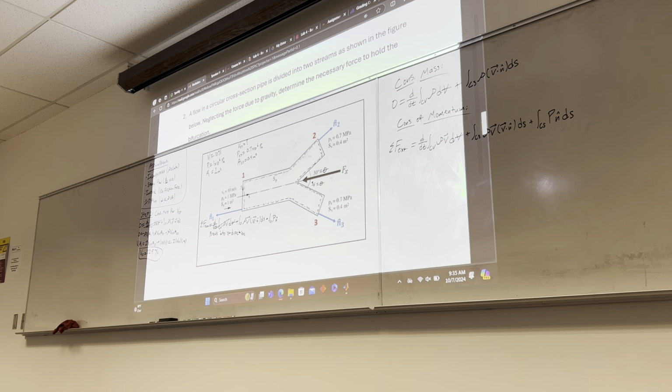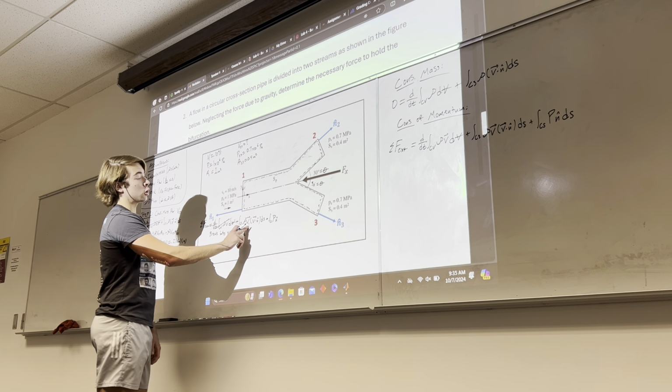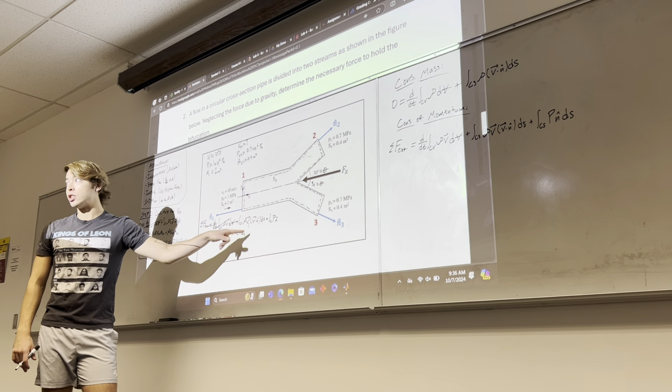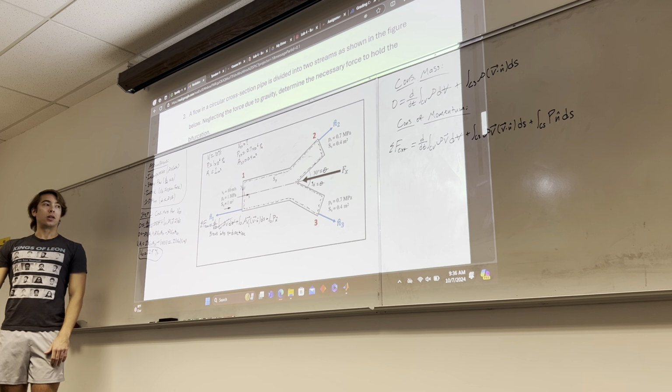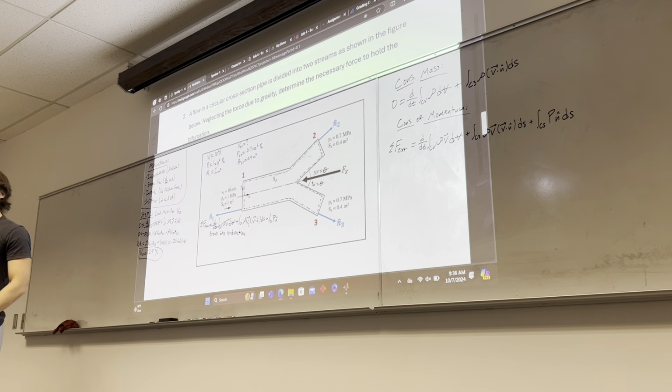Also, if you're particularly astute and on the ball, you'll see that this CS term here is the same exact rho VA, but with an additional velocity term. So it'll just be rho V squared A, and then times sine theta, or cosine theta in this case. So we're going to do that.